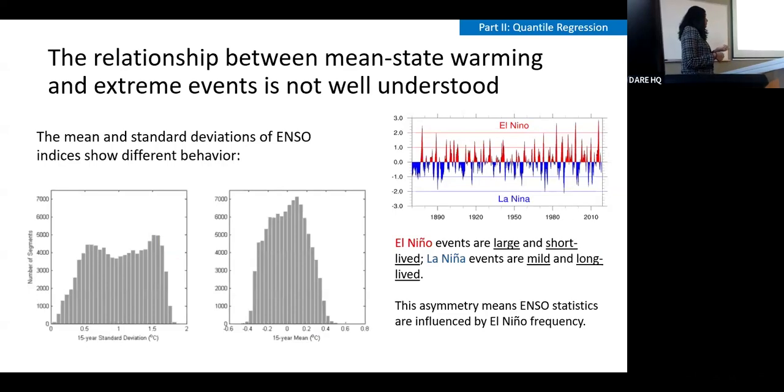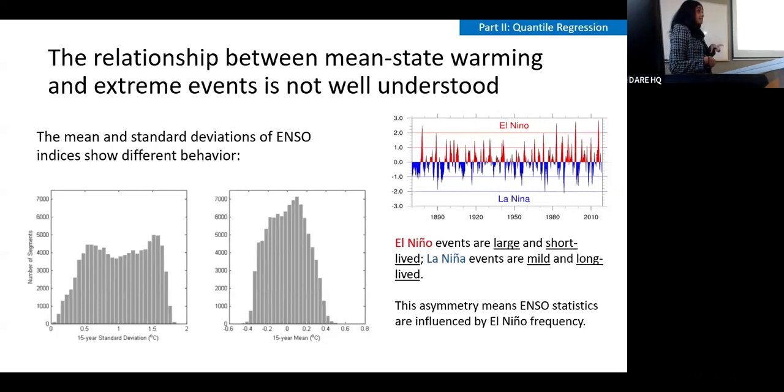As we saw before, the mean and the standard deviation on decadal timescales in this system can look quite different. And the standard deviation is essentially a proxy for how active El Niño and La Niña events are. If you get more of these events, your standard deviation goes up. If you look at the graph of El Niño and La Niña events, you might be able to see that El Niño tends to go up to higher peaks, and La Niña is a bit more muted, but lasts for longer.